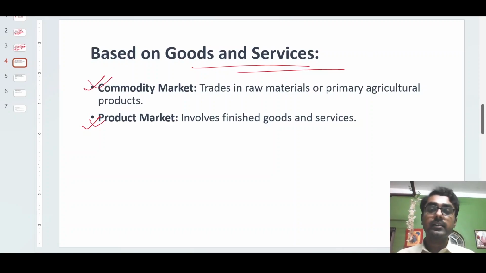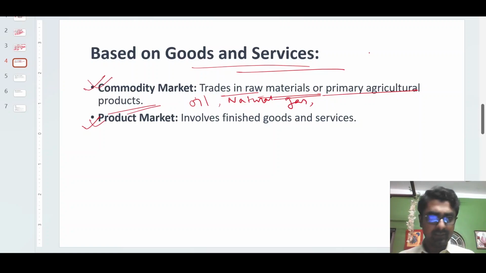Commodity markets basically trade in raw materials or primarily agricultural products. That could be the oil market, natural gas, rice, other grains, and also other metals, definitely.